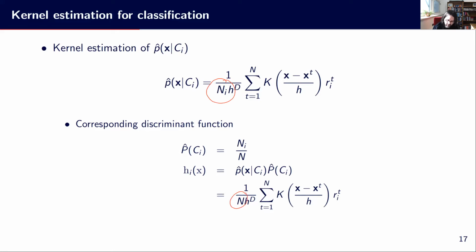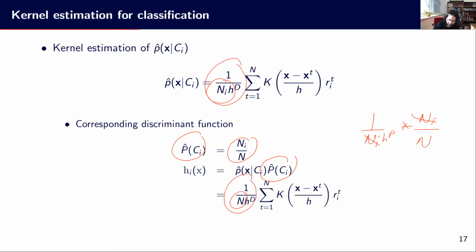Why? Because we are multiplying by the estimation p hat, and that allows us to eliminate ni, but including n here, because it was basically equivalent to 1 over ni h^d times ni over n, and so we are simplifying these elements directly in that thing.